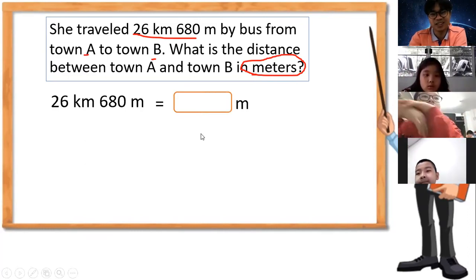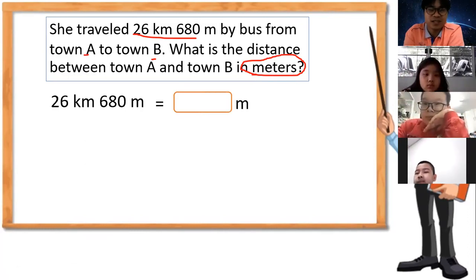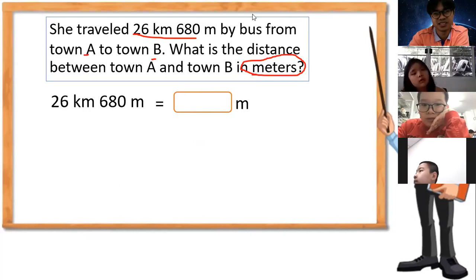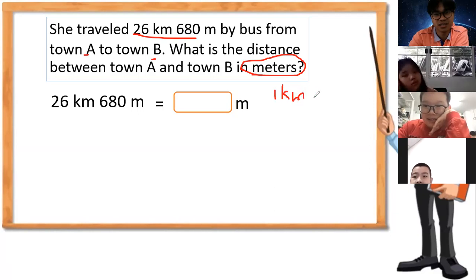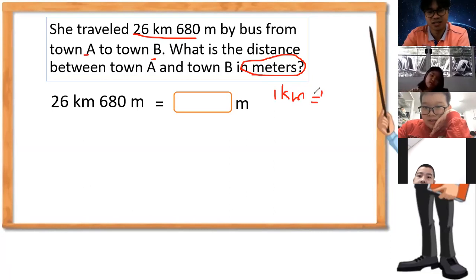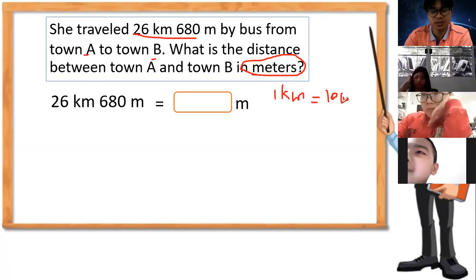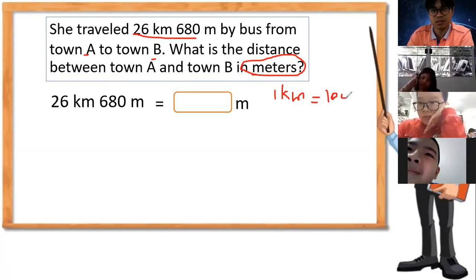What is the answer? 26 kilometers, 680 meters. 1 kilometer is equivalent to 1,000 meters.